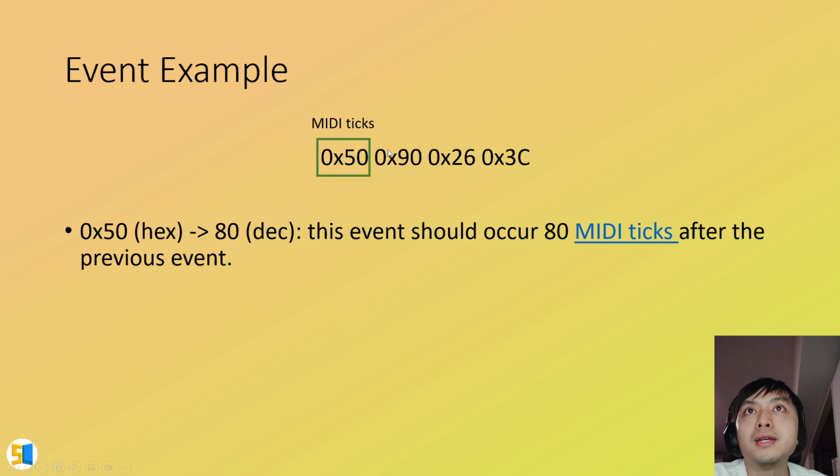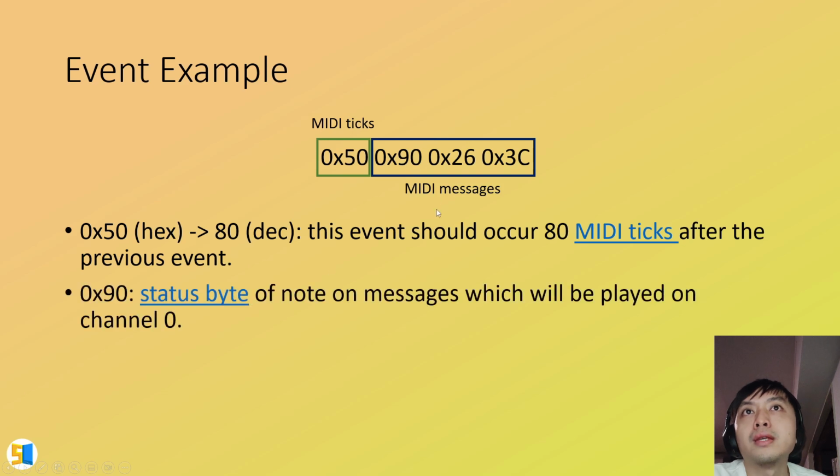So this is the MIDI ticks. The second part, which has three parts, right? This is MIDI messages. The first part of the MIDI message, 0x90, is the status byte of note on messages.